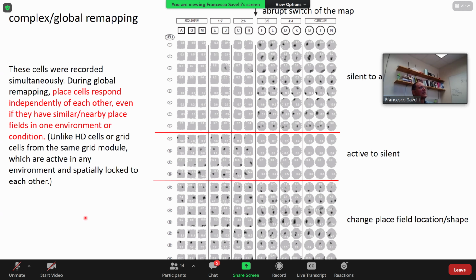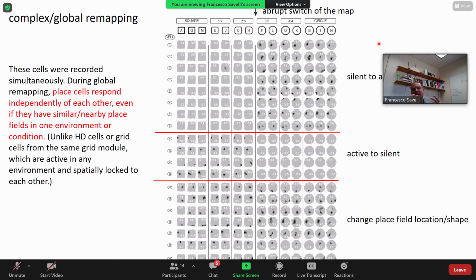Now, this is more like a recent study. This was also from O'Keefe's lab, if I remember correctly. And they recorded a lot of cells. And what they've done here is that they put an animal in a square, which would be A here, and in a circle, that would be N here.